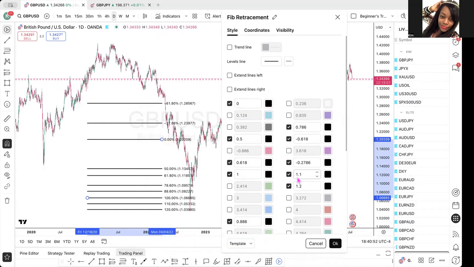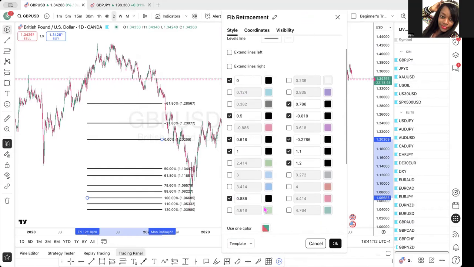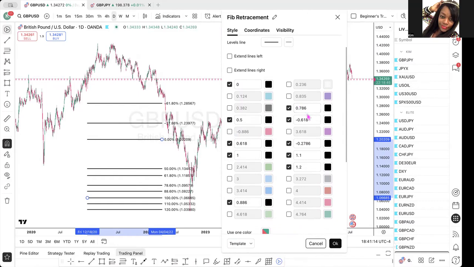Unclick all of your settings, and then check the 0, check the 0.5, check the 0.618, check the 1, check the 0.886, check the 0.786, check the negative 0.618, check the negative 0.2786, check the 1.1, and check the 1.2.